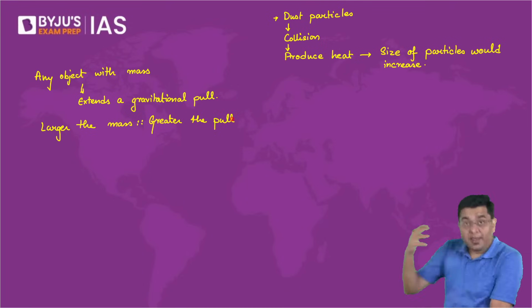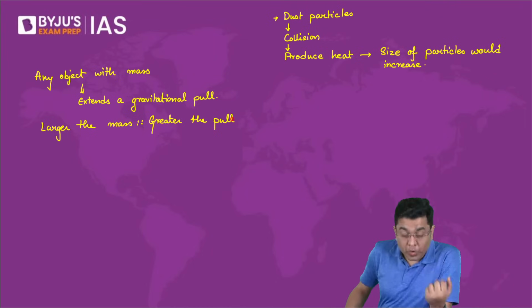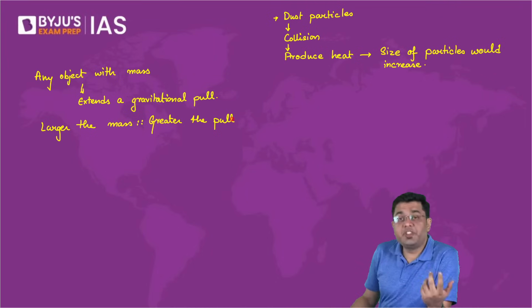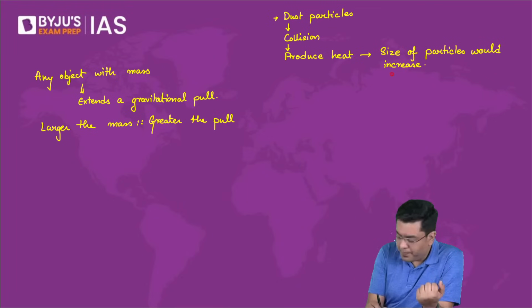That is why the Sun, having the largest mass in the solar system, has the most significant amount of gravitational pull. So, like that, as the size of the particles would increase, can we not say that the gravitational pull of attraction of these particles would also increase? Increased gravitational pull.